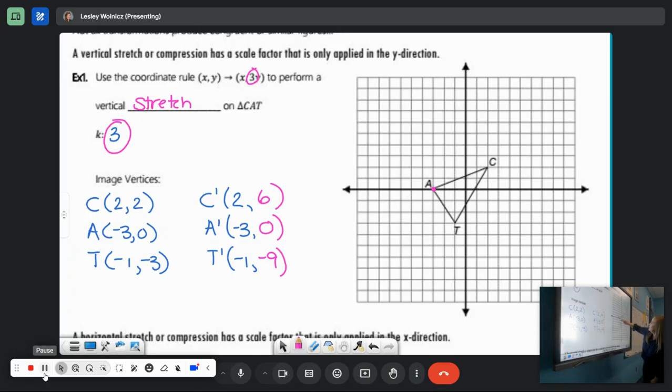So now we're going to plot our cute little points. A prime maps onto A. C prime is up here. T prime is down here.